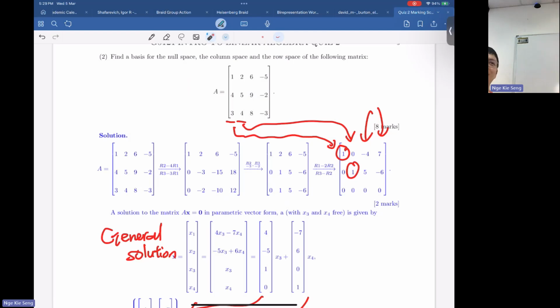Why is it dangerous? Because they might be scalar multiples of each other. You should pick both of them from the same matrix.